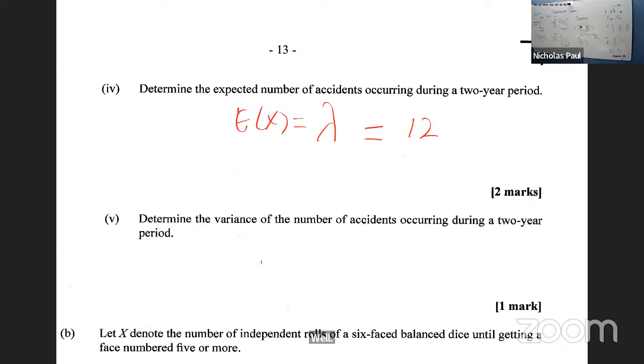And the variance, for one year, variance is what? It's also lambda. So therefore the variance will also be 12.